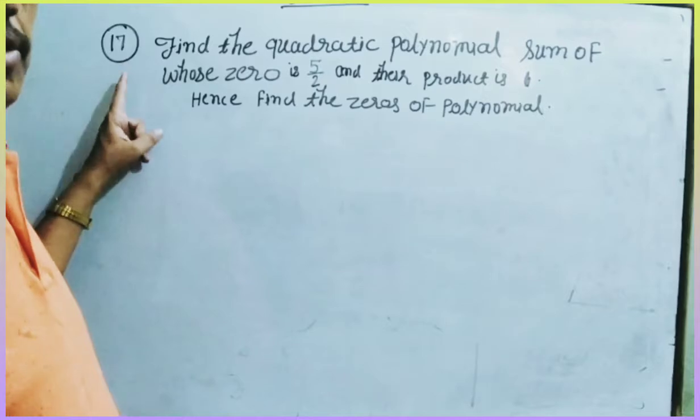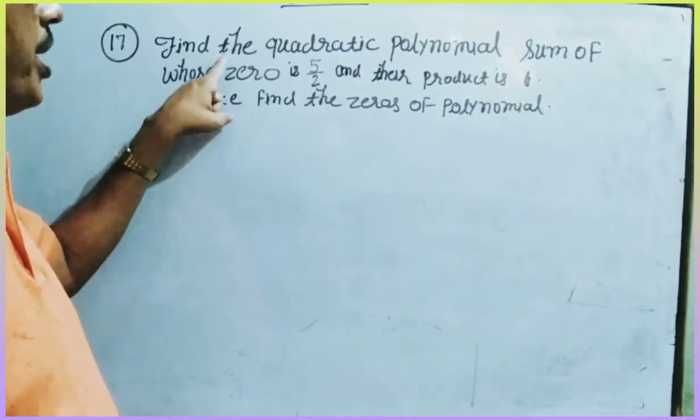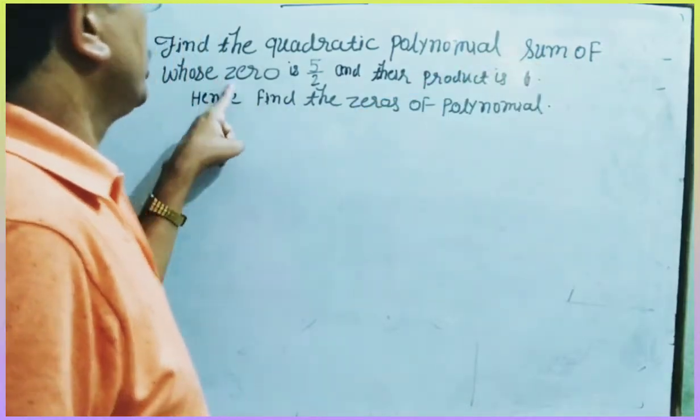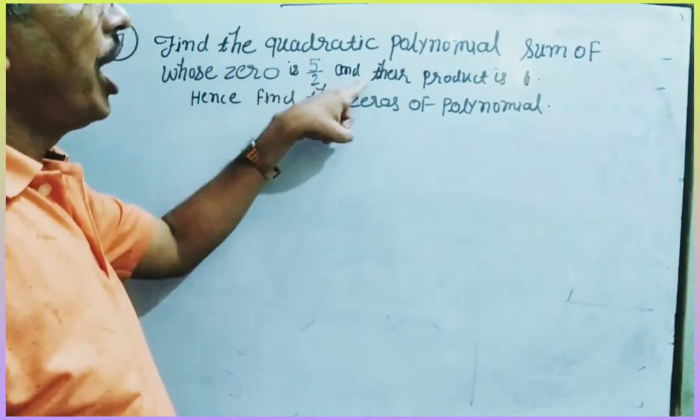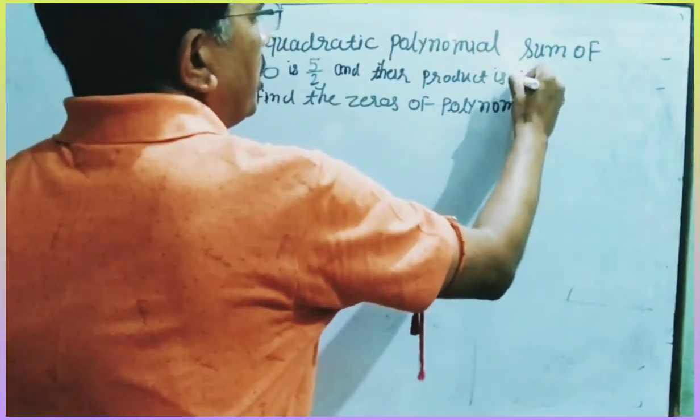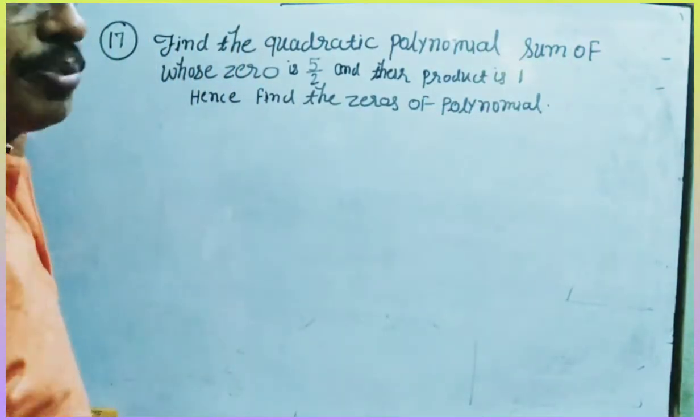Thank you. Now see question number 17: find the quadratic polynomial, the sum of whose zeros is 5 by 2 and their product is 1, and hence find the zeros of the polynomial.